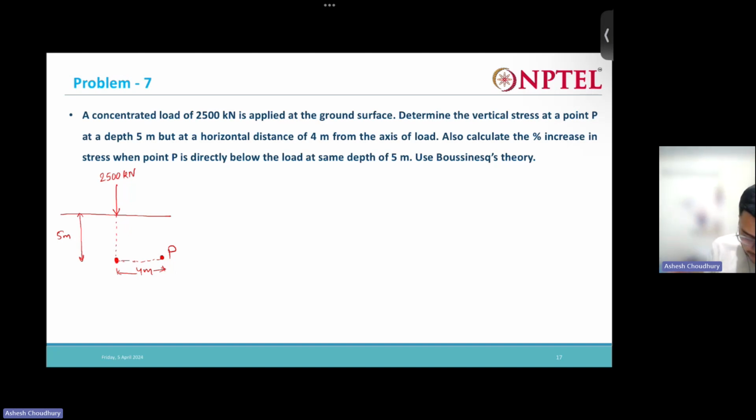That we need to find out. Generally the behavior is something like this. At the center the stress is maximum, and then it goes on reducing on both the sides. Okay. So let us find sigma z.